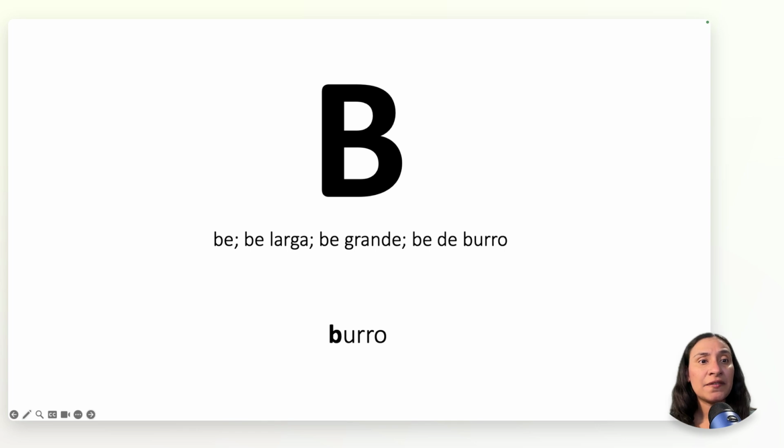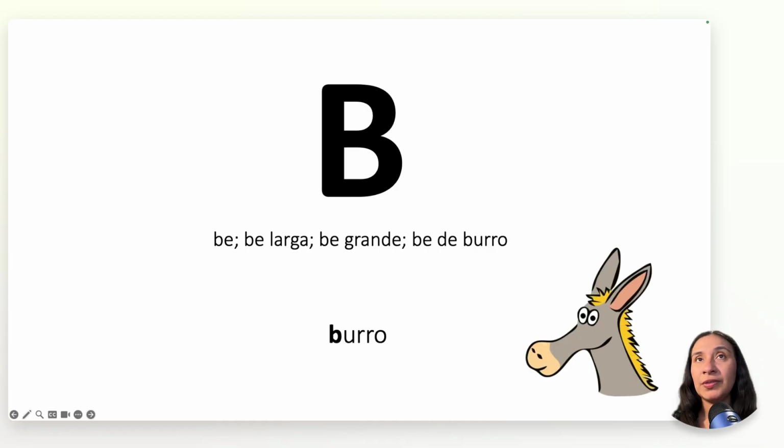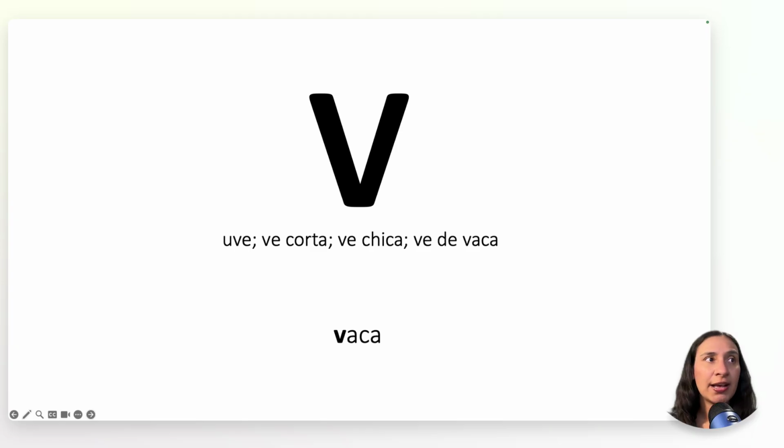The alternatives for the little b. So we have B, B larga, B grande, B de burro. So B de burro, this is a burro, that's donkey, right? Then we have V, and for the V the alternatives are V, V corta, V chica, V de vaca.